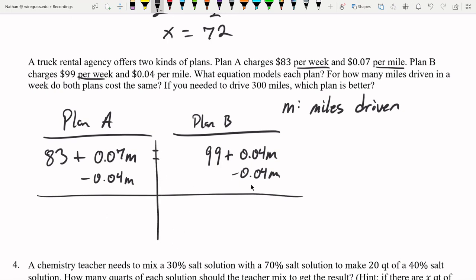It doesn't matter which one you subtract. Just subtract either the 7m to this side or the 4m to the other side, because you'll always get the same answer no matter which way you do it. I'm also going to remove, since I have m on this side, the 83 from it.